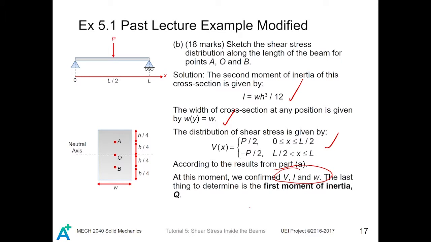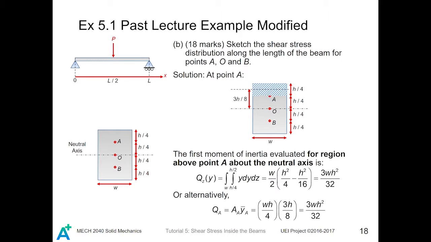Recall that our equation is tau equals VQ divided by Iw. So what we need to do now is to determine Q. In this tutorial, the quantity Q is one of the most important, key factors for the determination of the shear stress. In this example, at point A, we only compute the region above it.